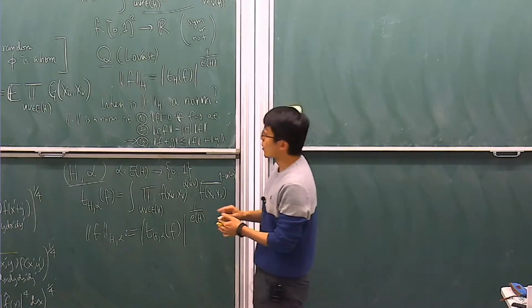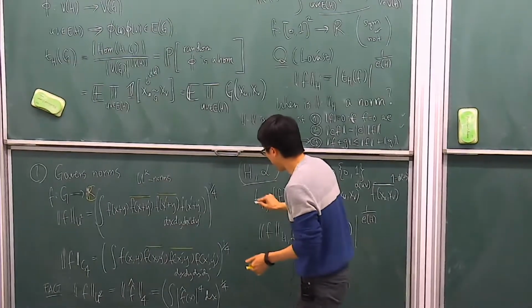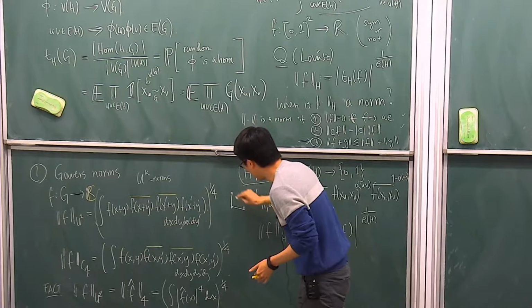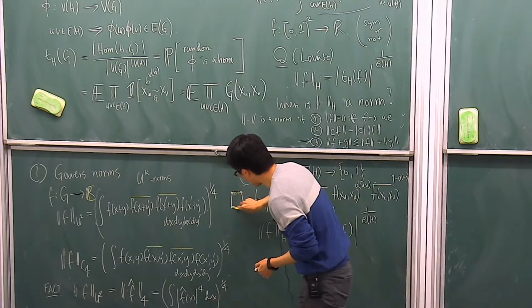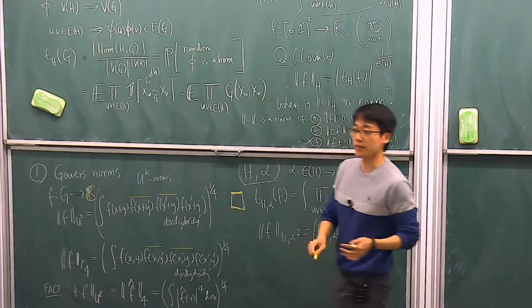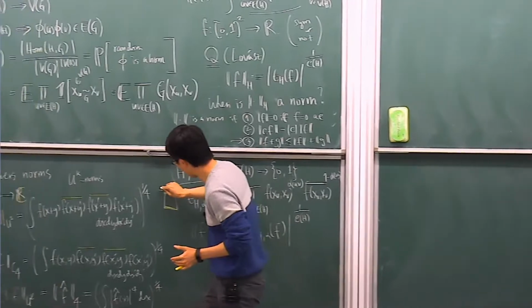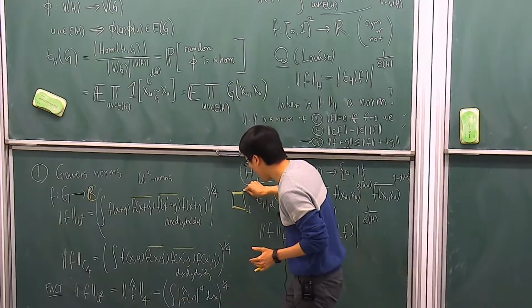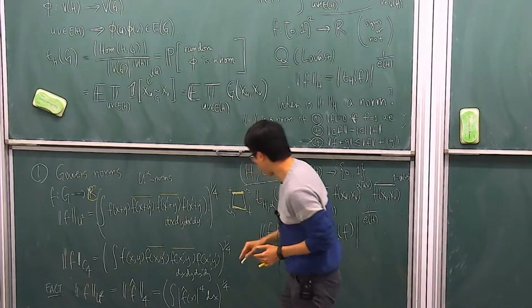For example, if you look at this full cycle here, then my coloring for the full cycle is just the alternating coloring. Here, this vertex corresponds to X and X prime, Y prime.